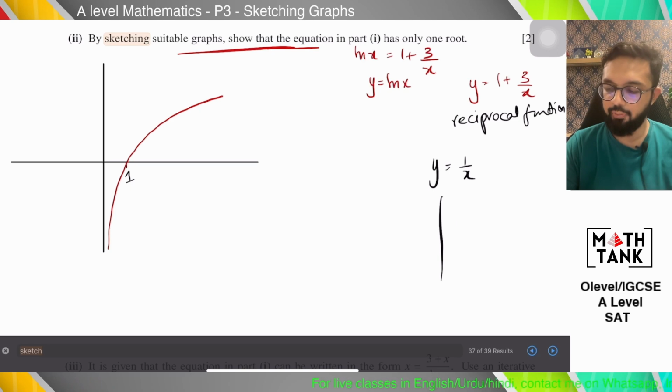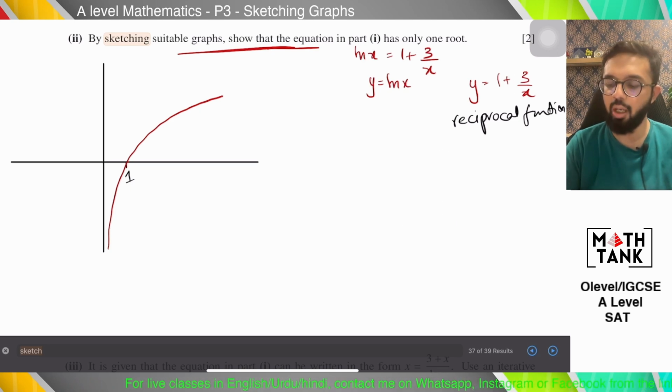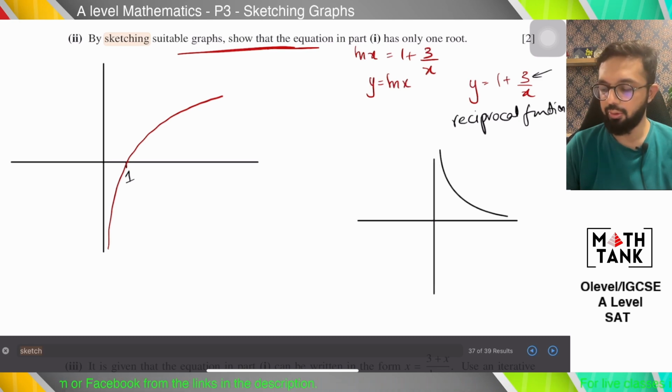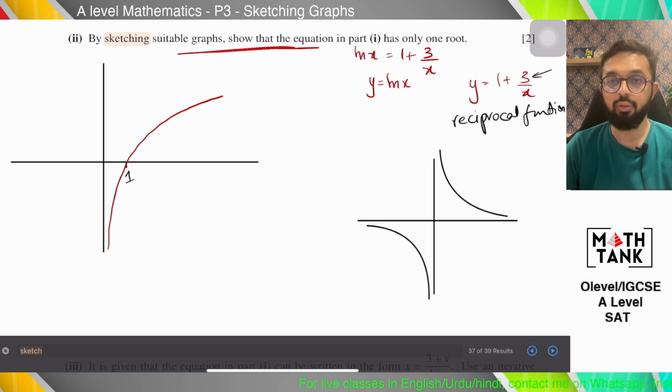Now all of these, this graph is basically transformed by 3 and 1. So 3 is a stretch. The graph stretching doesn't really bother me. It just looks steeper and goes like that and comes closer to the x-axis. Right now it has an asymptote at 0, so it's not touching 0.